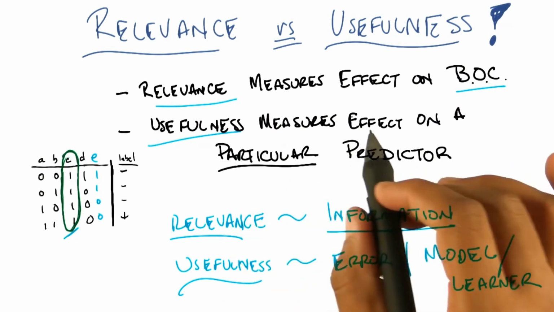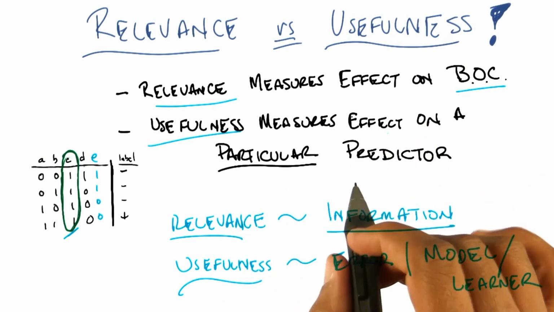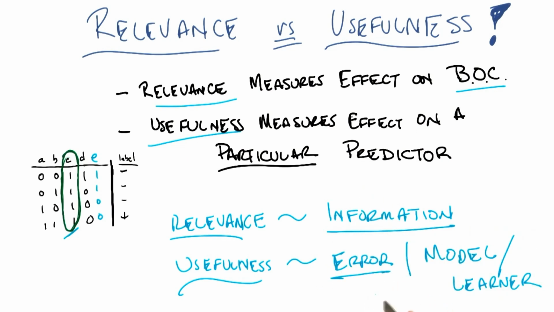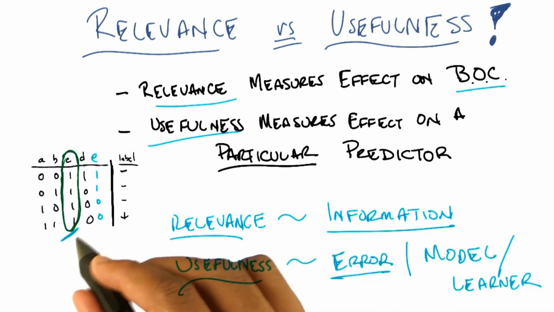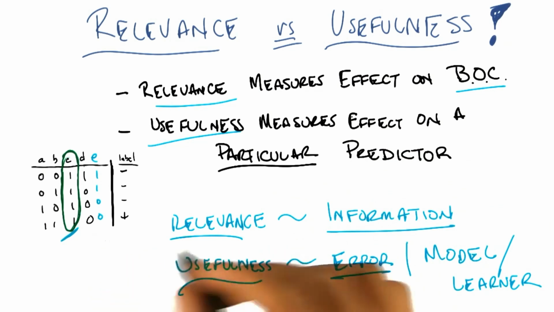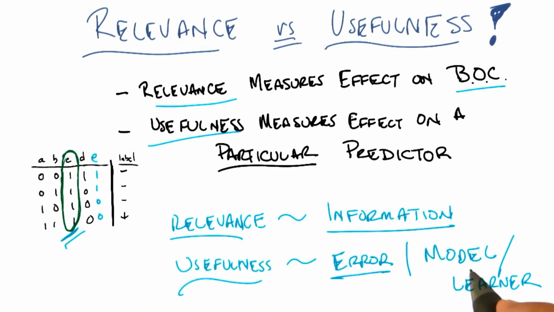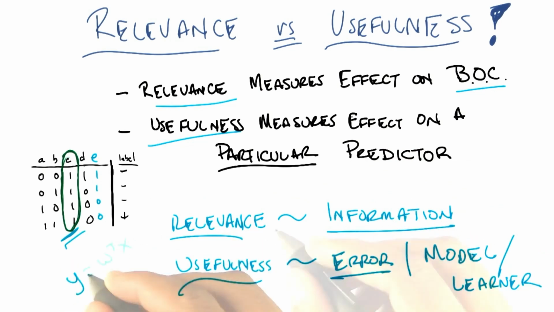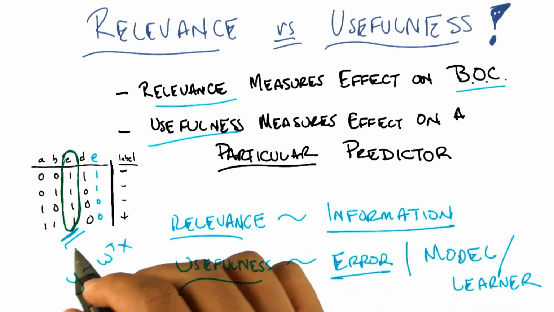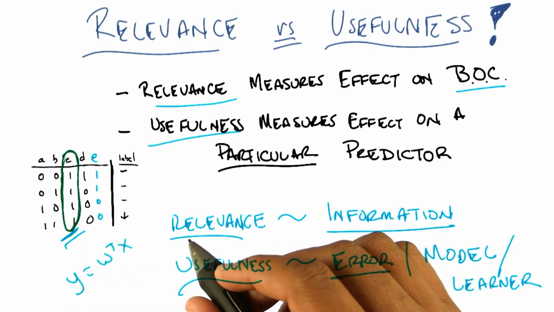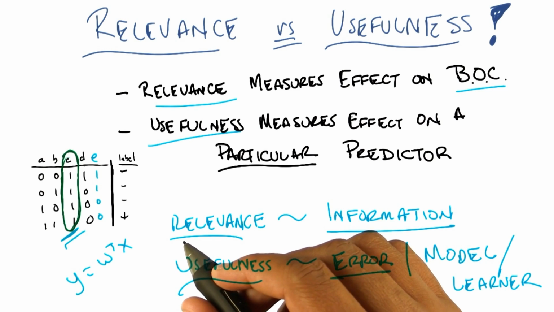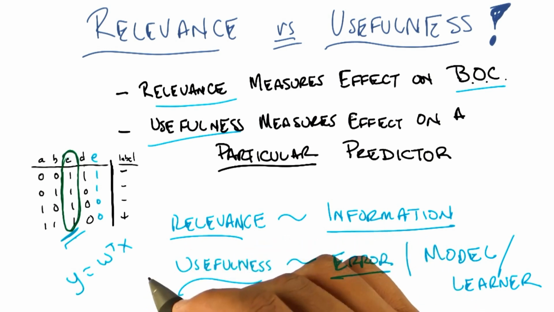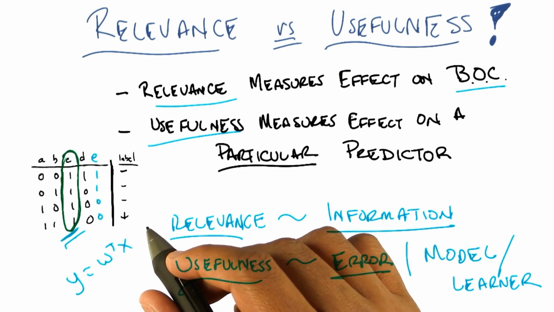So usefulness is exactly about minimizing error given some particular model or some particular learning algorithm. Right? So in this case, although C is clearly not relevant, it is in fact useful, at least for something like W transpose X. Now, this is not useful for a decision tree, nor is it relevant. It is not relevant to this particular problem, but it is, however, useful for some algorithms.